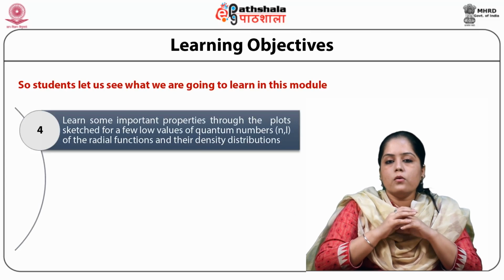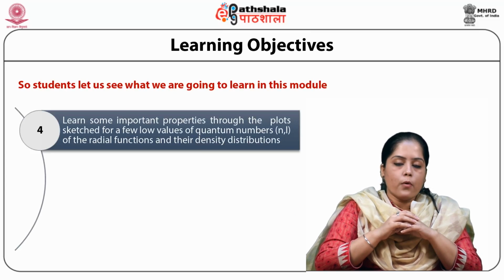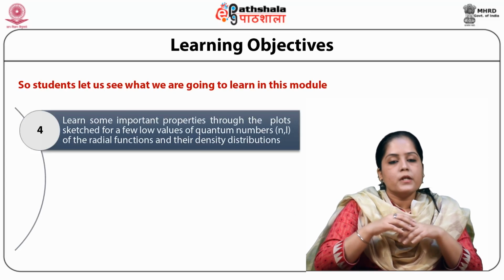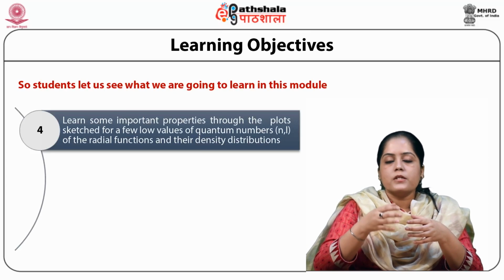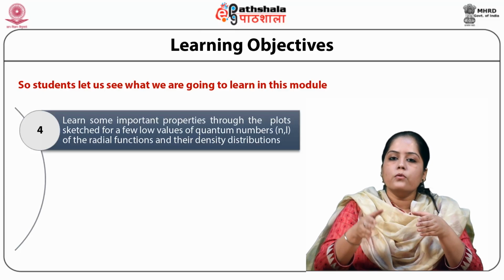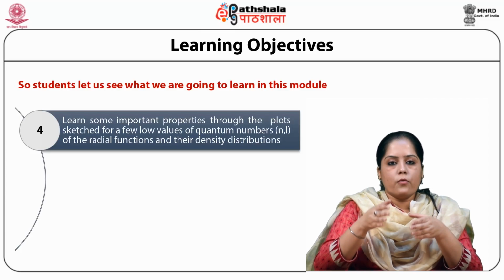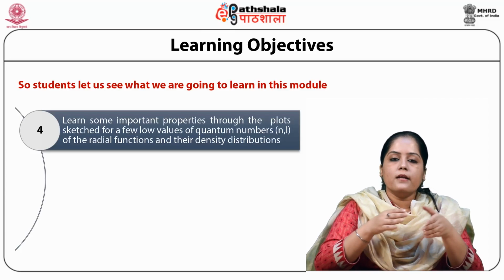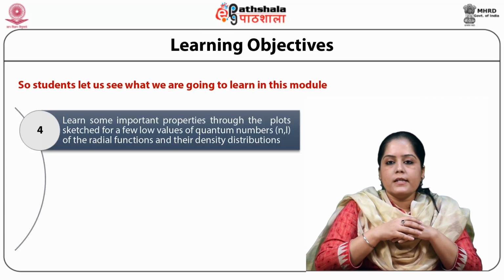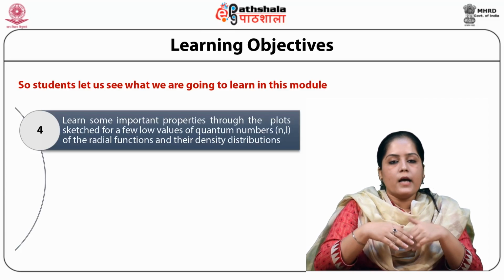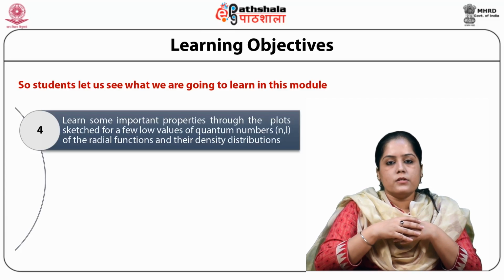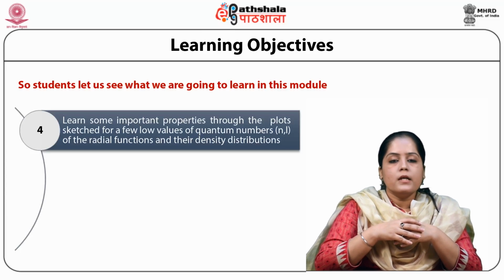We will also learn some important properties through the plots sketched for a few low values of the quantum numbers n, l of the radial functions and their density distributions.